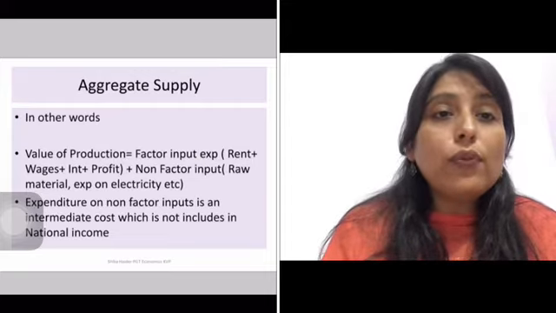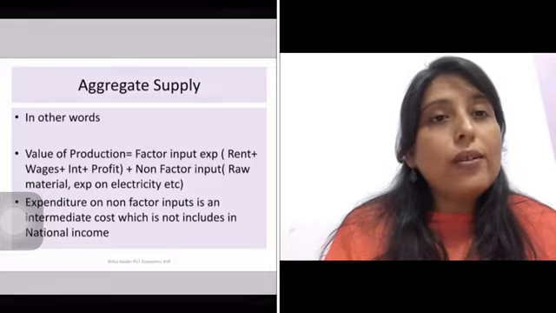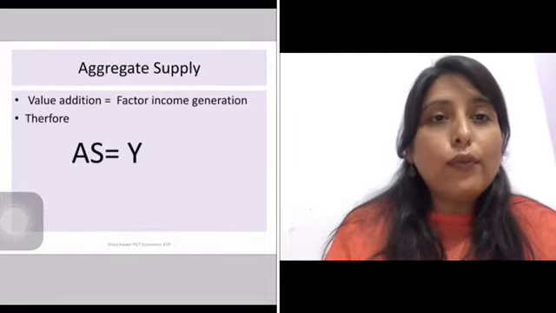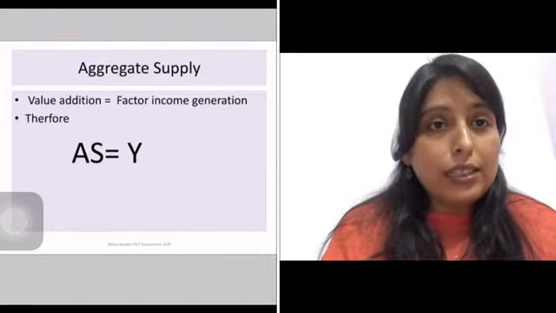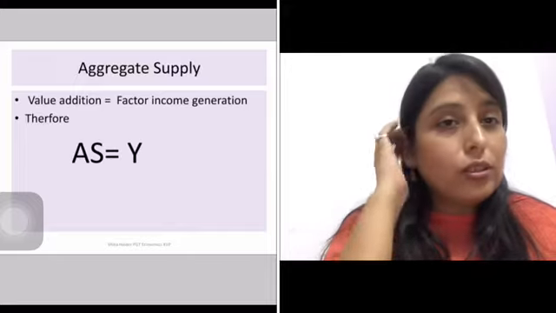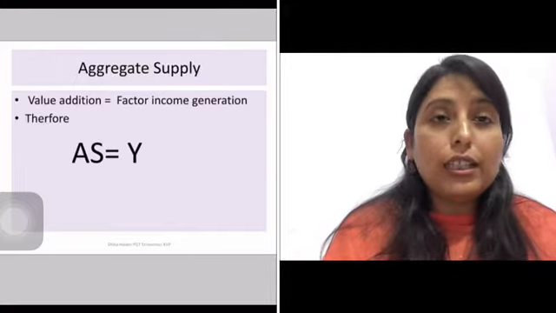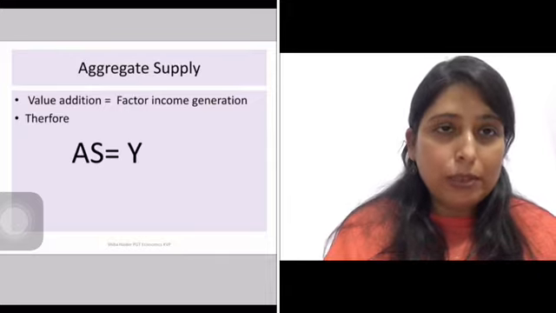So what we are left with, value of production is equivalent to the value of expenditure done on factor inputs, that is the rent paid to the land, wages paid to the labor, profit paid to the entrepreneur, and the interest paid on capital.